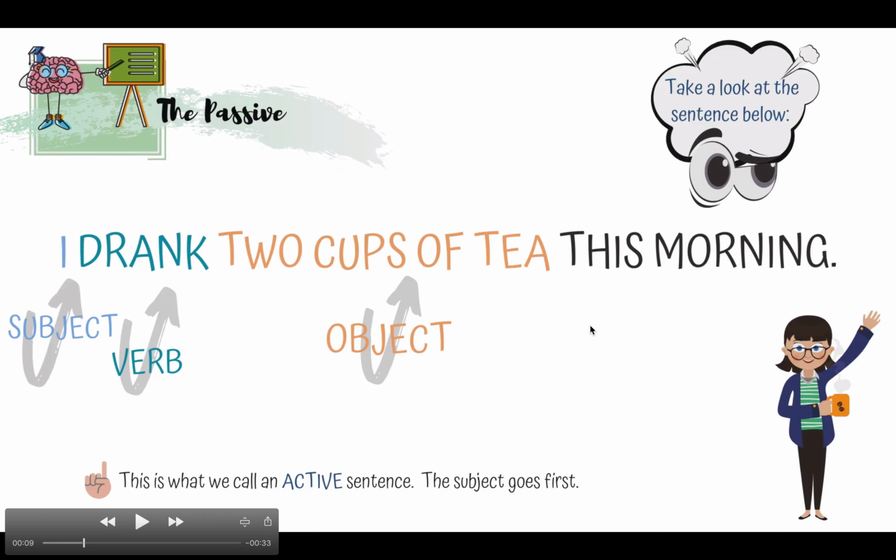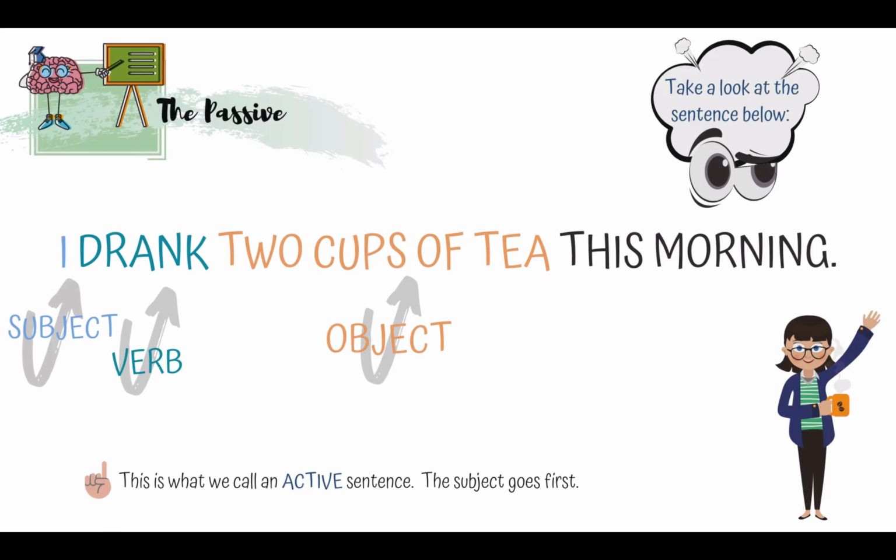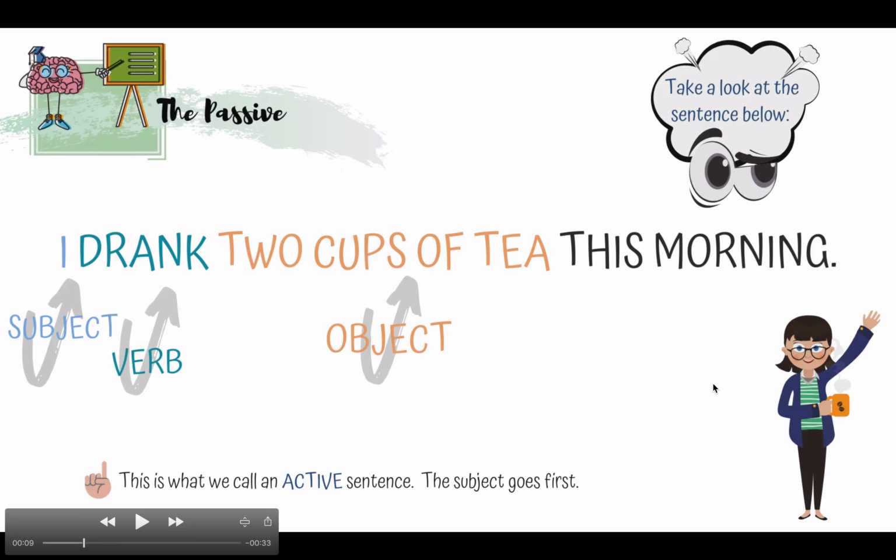Now, this sentence is obviously giving us a lot of information. The information that we know is that there are 2 cups of tea and we know who is doing the action. Okay, so the action is being done by I. Okay, so I am doing the action of the drinking of the cups of tea.